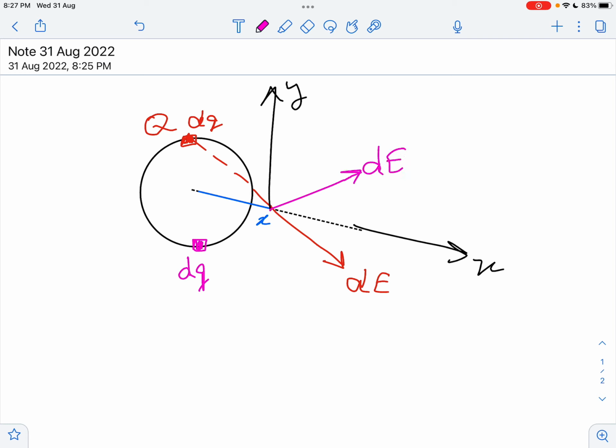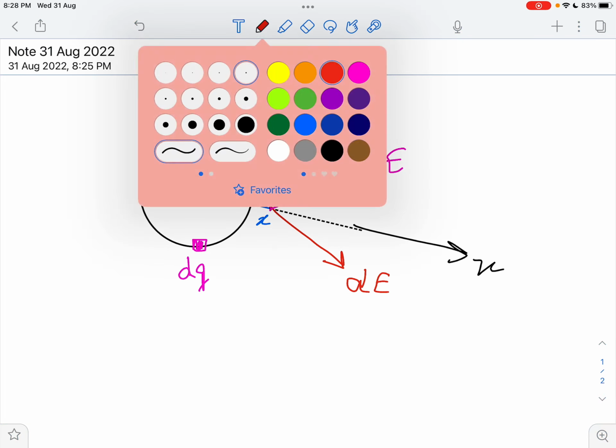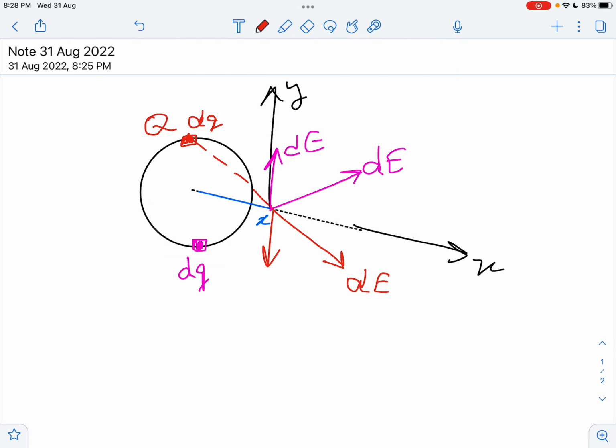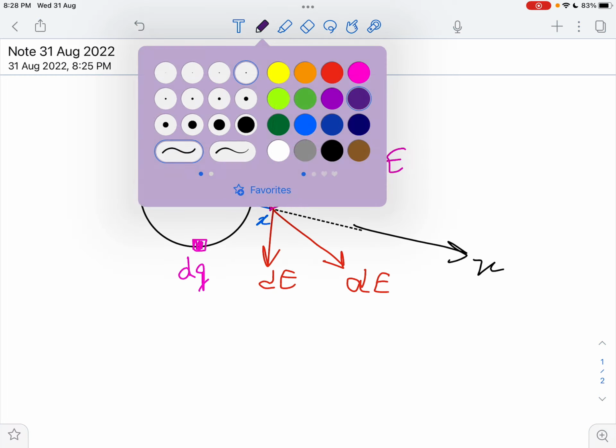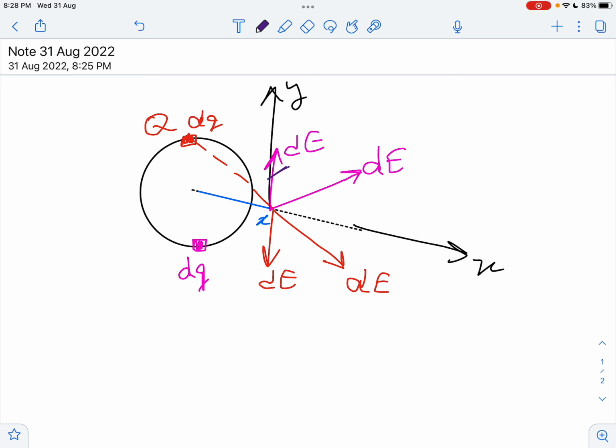Now you can see clearly that the y component of dE and the y component of the red dE are opposite to each other, so they will cancel each other. So we just look at the x component of dE.